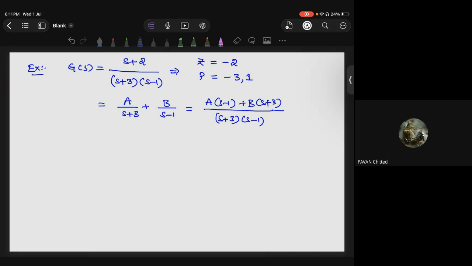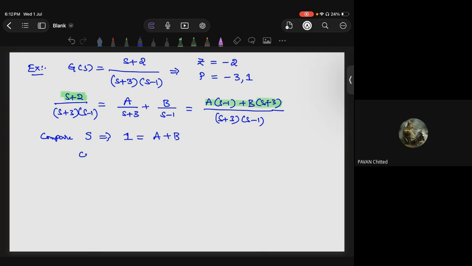Okay. If you compare this side, what we have is s plus 2 by (s plus 3)(s minus 1). If you compare the like terms, because the denominators are the same, compare the s terms on both sides. On the left side the coefficient is 1, and the right side is A plus B. Am I correct?